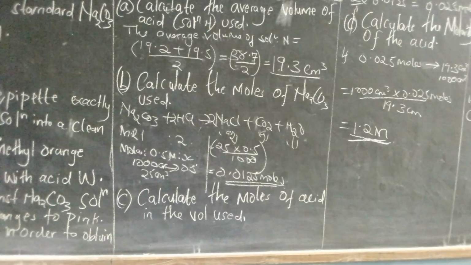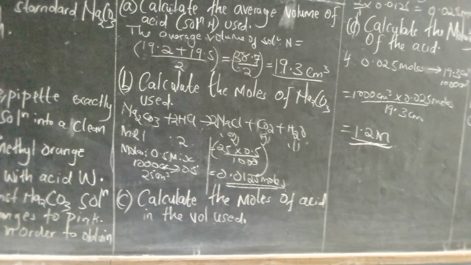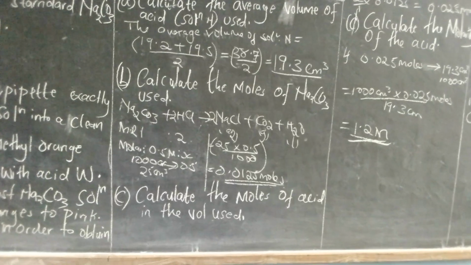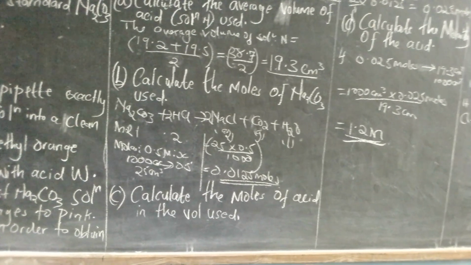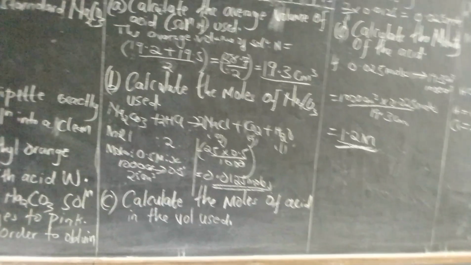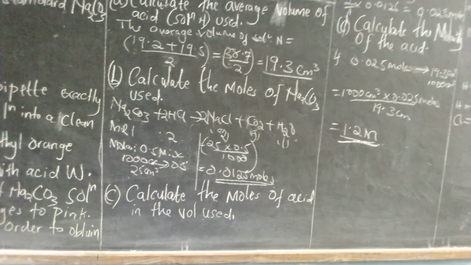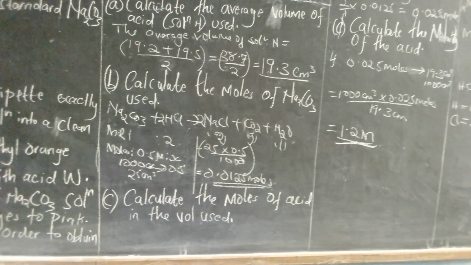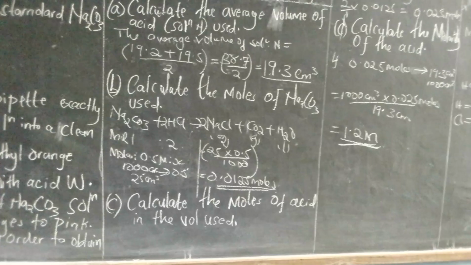Then we calculated the number of moles of sodium carbonate used, where we compared the mole ratio, which was 1:2. The molarity we were given was 0.5 for sodium carbonate, and on the other side we equated it to X. We compared 1,000 cubic centimeters of sodium carbonate, which had 0.5. What about for 25?